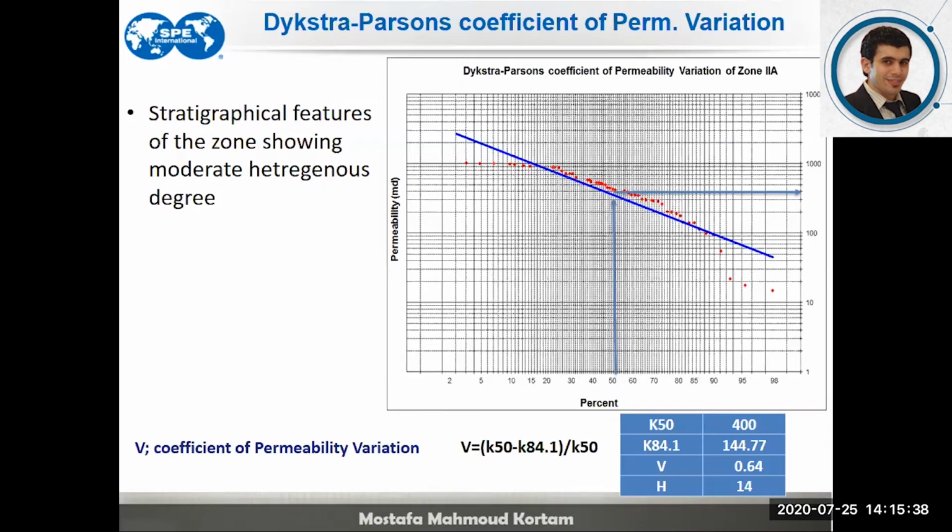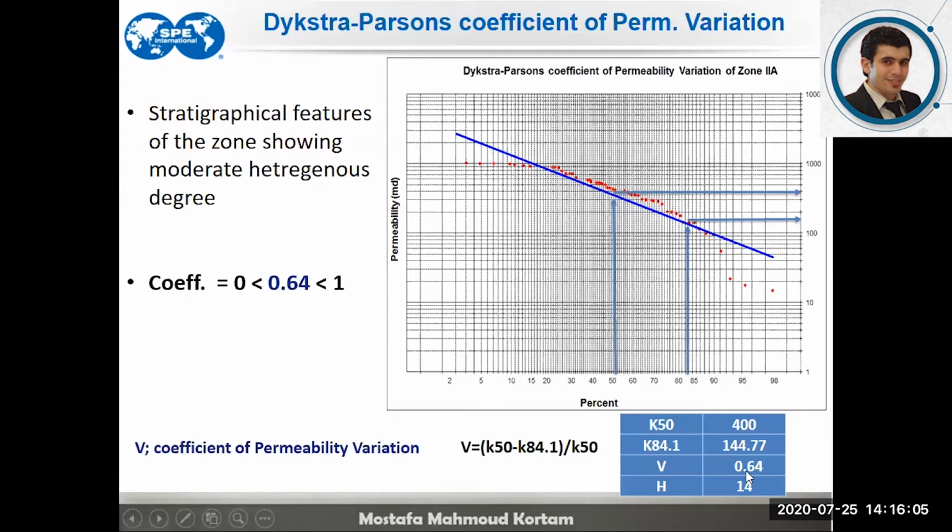So here is a real example of the field, where we exploited the core data and plotted it after ranking, and we had that line. With K50, the permeability was estimated as 400, and at 84% the permeability was read as 148.